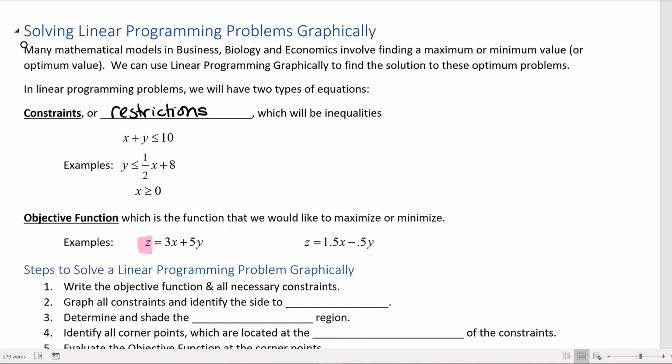Z is equal to a function in terms of x and y, 3x plus 5y, with respect to the same constraints you had in the first type of equations. The second one is z equals 1.5x minus 0.5y. Depending on what your x and y is, we're going to try to maximize or minimize some function, often cost or profits, so that we can find the greatest or least value.